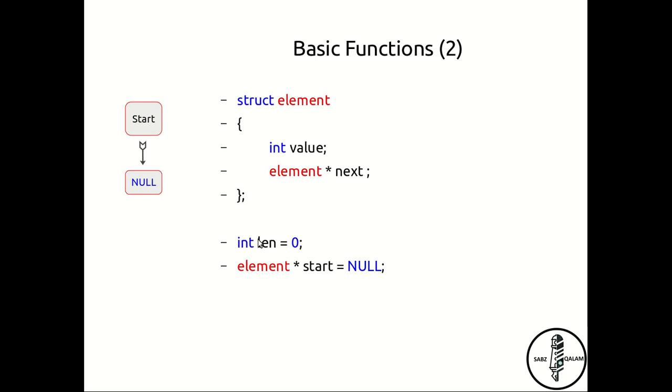But because length is a global variable now, every function has access to it. So a function like add, whenever you add an element, you need to update. So the length is incremented by 1. And whenever you delete an element, you need access to this variable so that you can decrement it by 1.